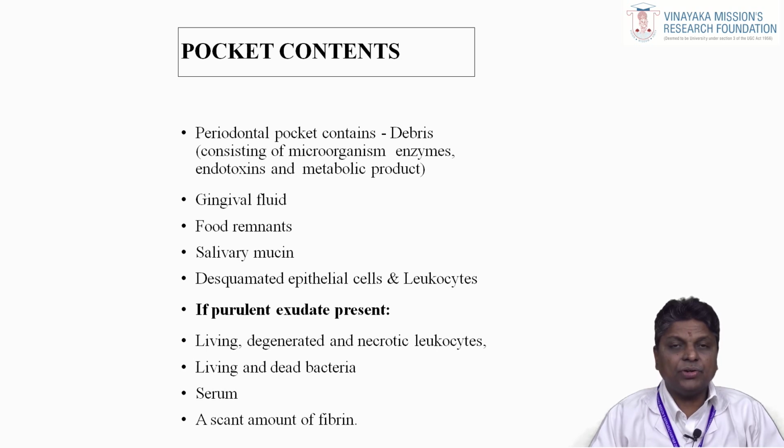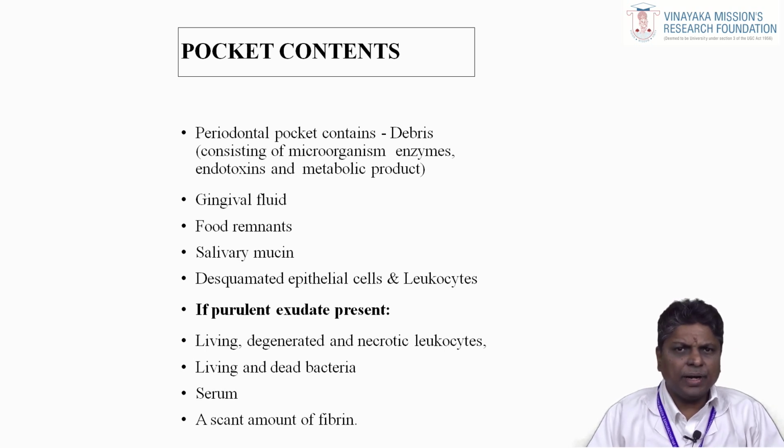Along with this, there is gingival fluid, food debris, and salivary mucins, and whatever epithelium has degenerated and desquamated, and whatever leukocytes have been destroyed. All these things will be contained in our pocket when you take a sample from the pocket.